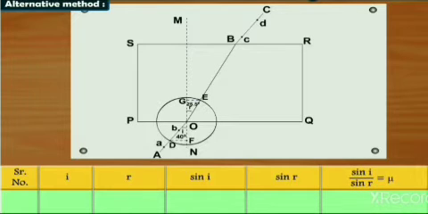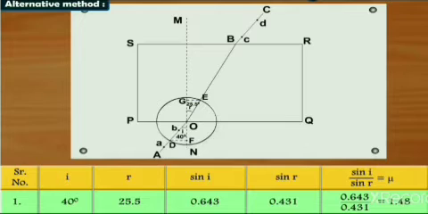Angle of incidence I, angle of refraction R, sin I, sin R, refractive index mu is equal to sin I upon sin R. When I is equal to 40, R is equal to 25.5, sin I is 0.643, sin R is 0.431, mu is 1.48.